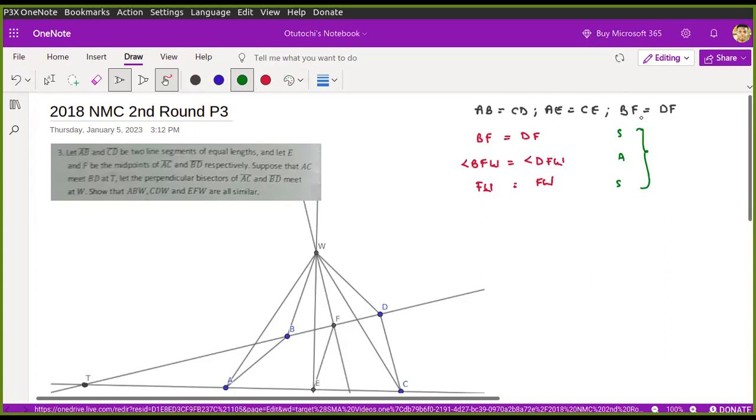So from this, we can conclude that triangle BFW is congruent to triangle DFW. And from this, you can get a bunch of other interesting facts.